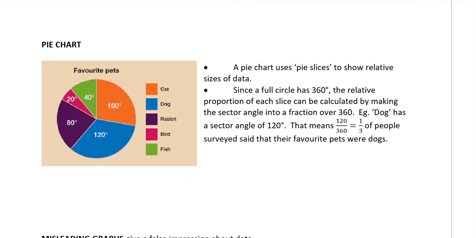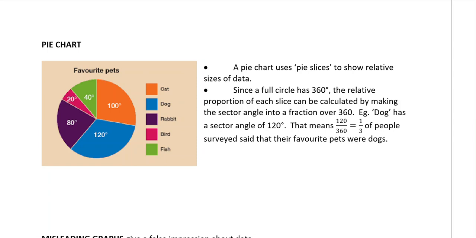Pie graphs, or probably a better name is a sector graph, shows the slices, the pie slices show the relative size of the data. So you can see at a glance that the blue section there for the dog is the biggest sector, and so I guess is winning the competition for the favourite pet in that survey. All circles have 360 degrees in them.